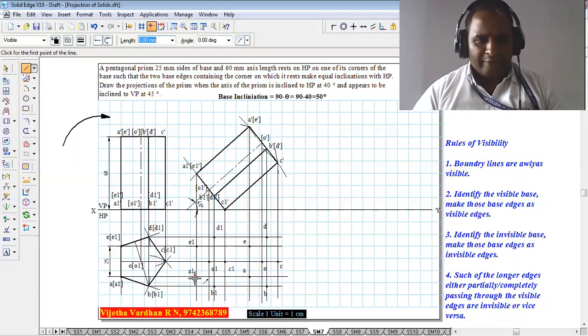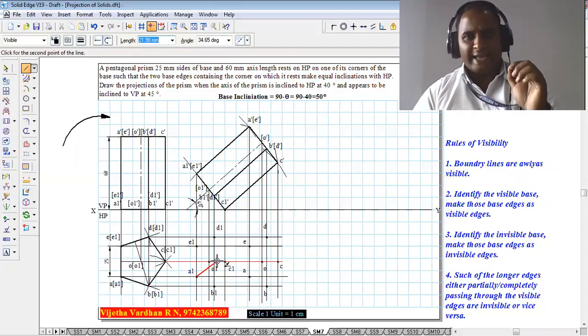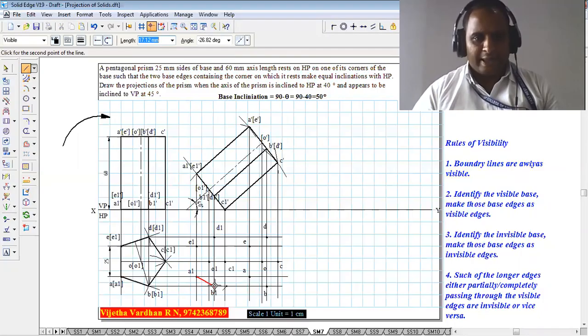The boundary is going to start from A1. Using HB pencils, I repeat, using HB pencils, connect A1 to B1, then B, and after connecting it to B, then connect it to the corner C, then the corner D, then the corner D1 and the corner E1 and back to A1.